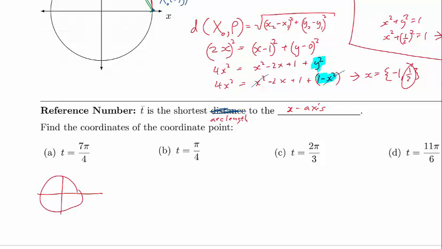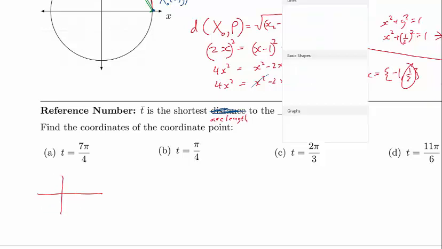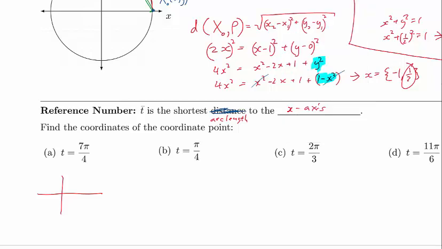Okay, that is a terrible circle. Let's use technology to aid. There we go. Okay, that looks roughly centered. So 7 pi over 4, that's going to be about right there.